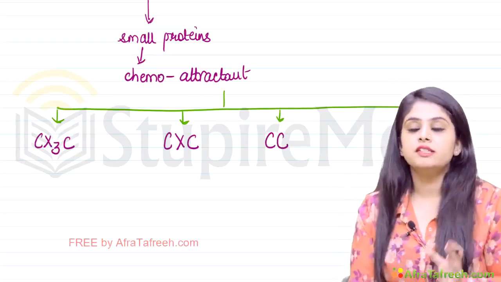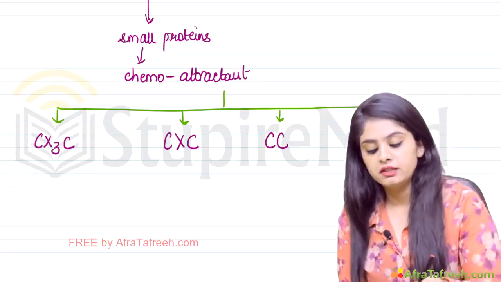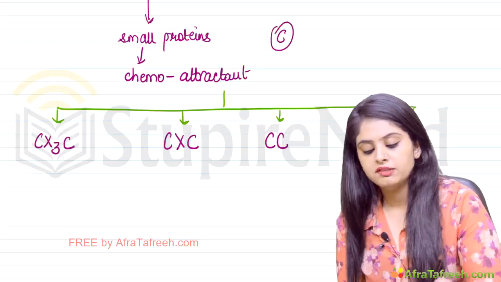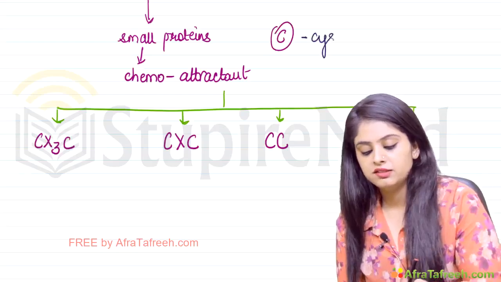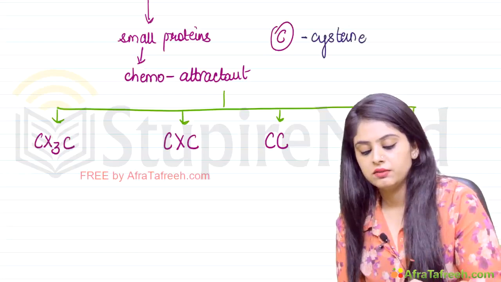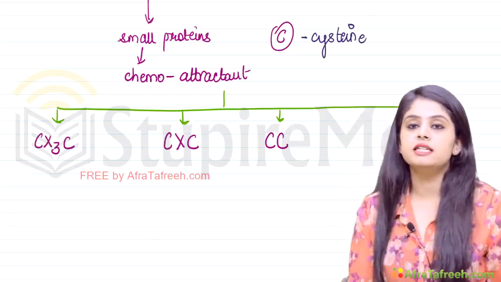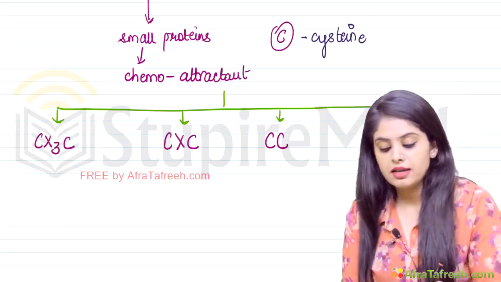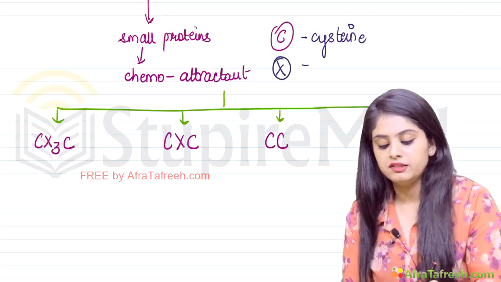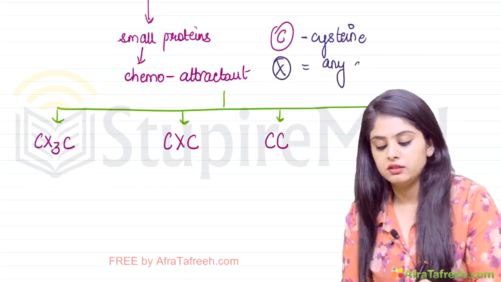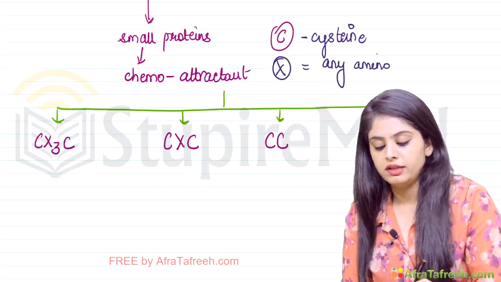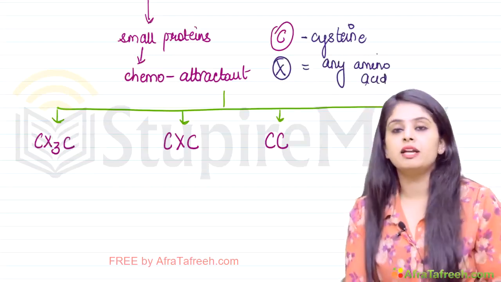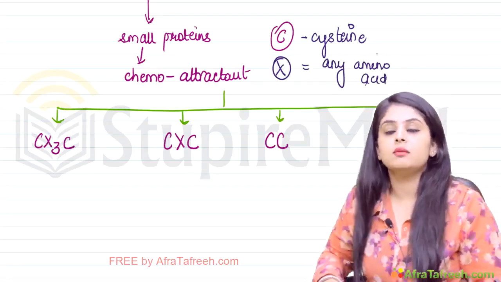So what is this C and what is this X before we proceed? Wherever they talk about C, it means cysteine residues. C will refer to cysteine residues. X on the other hand means any amino acid. It is any amino acid. So no amino acid in particular, it can be any amino acid.